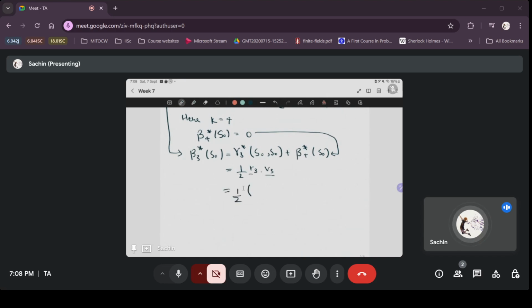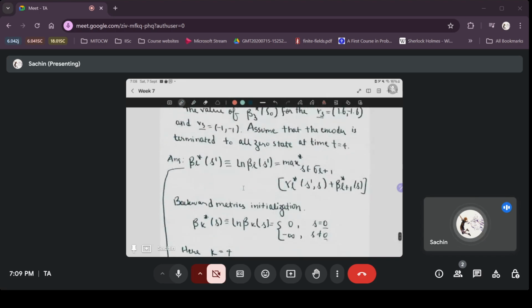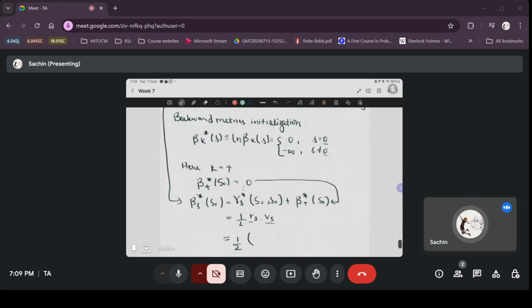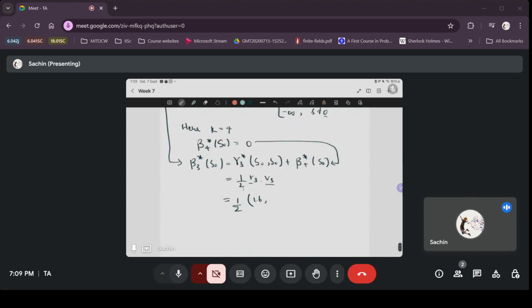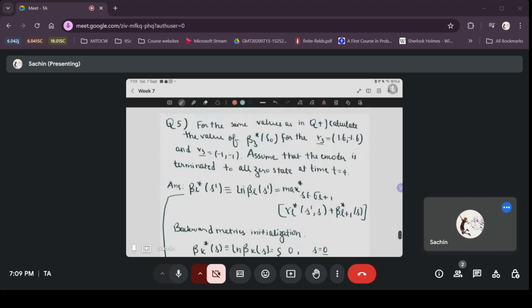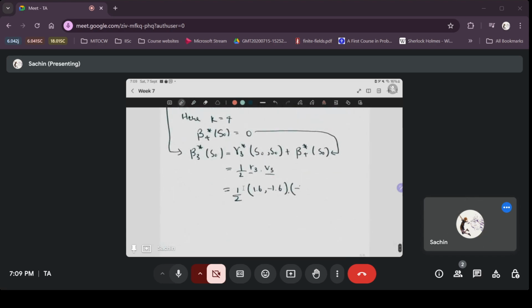So it is half of R3, which is given to be 1.6 comma minus 1.6, dotted with V3, which is minus 1 comma minus 1. So it's half of minus 1.6 plus 1.6, which is 0.